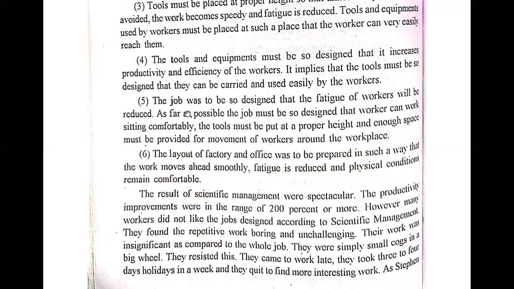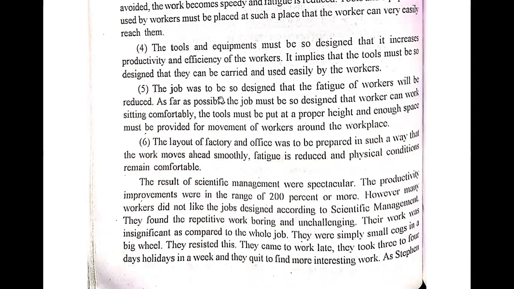Now the fifth element is that the job was to be so designed that the fatigue of workers will be reduced. As far as possible, the job must be so designed that the worker can work sitting comfortably. The tools must be put at a proper height and enough space must be provided for movement of workers around the workplace.